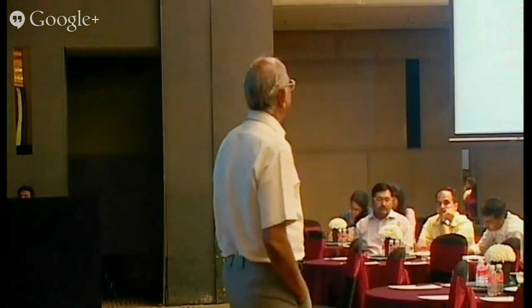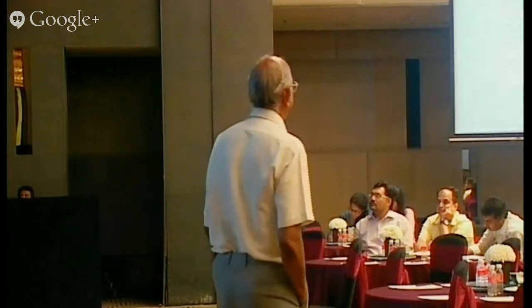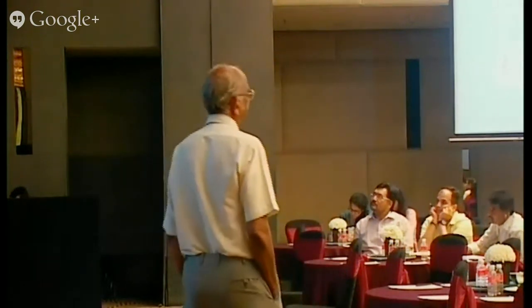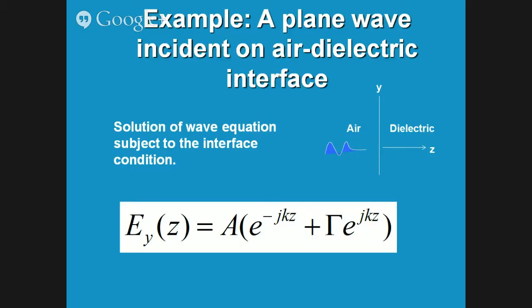Can we go to the next one? Here I've taken a very simple example. If there is a plane wave incident on an air-dielectric interface, how do you attempt it? It's shown that on the left side there is an air medium and on the right side a dielectric. Basically we are trying to solve a wave equation subject to the interface condition.